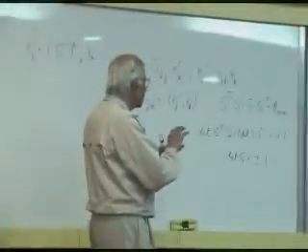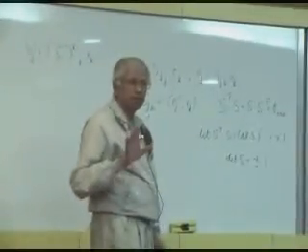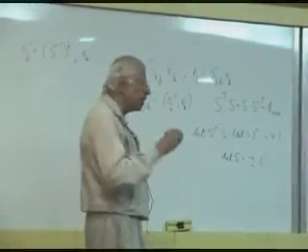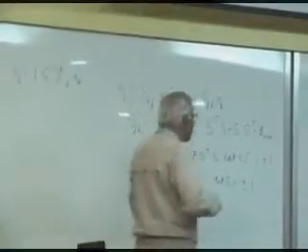So, the important thing is that in the case of an improper rotation, you cannot go from x, y, z to x prime, y prime, z prime in a continuous way. It is impossible. Somewhere a discrete change has to take place. A simple example.